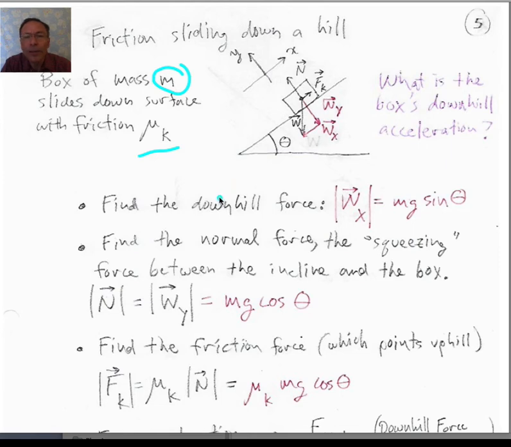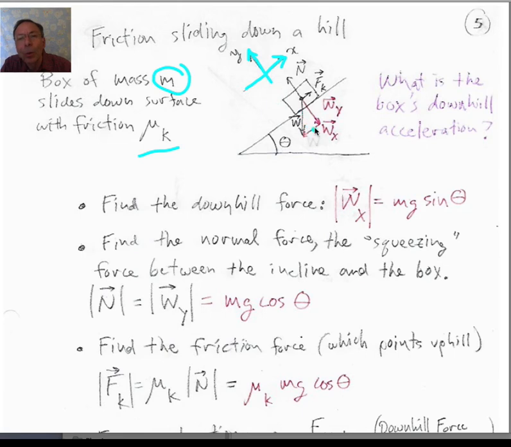So the first step in figuring this out is to find the downhill component. In a rotated coordinate system here, you see I've rotated the coordinate system so that x points like this and y points like this.